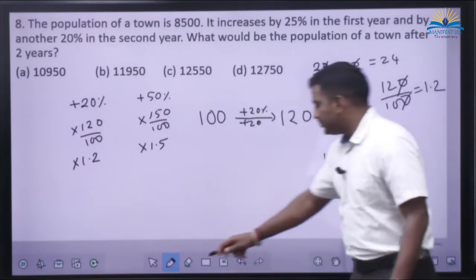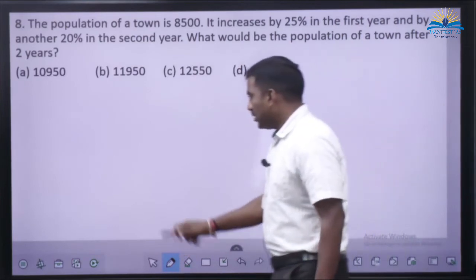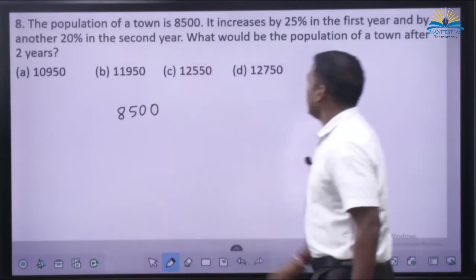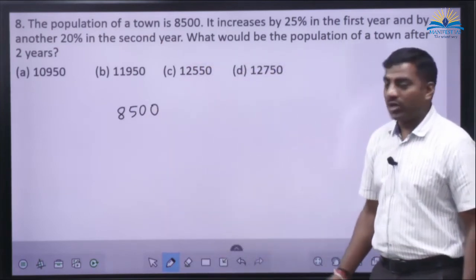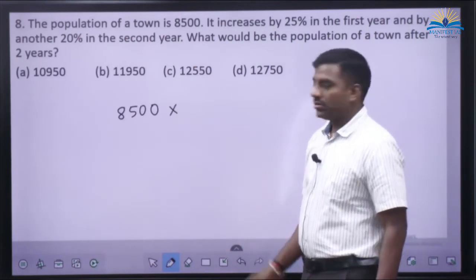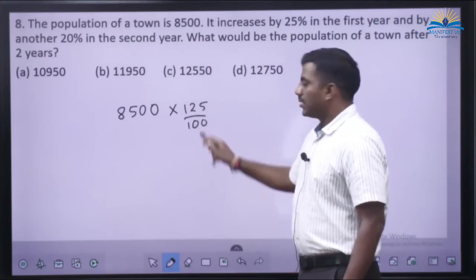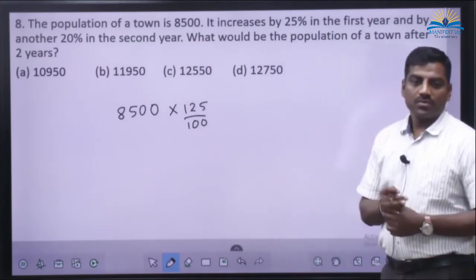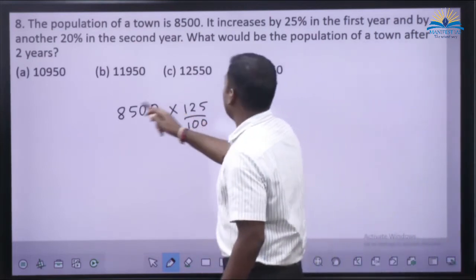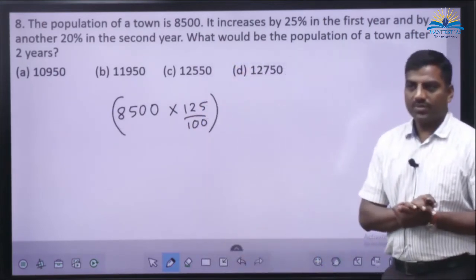In the given problem, they are telling the population of a town is 8,500. It increases by 25%. What should I multiply with? 125 by 100. This is the population at the end of the first year, correct?